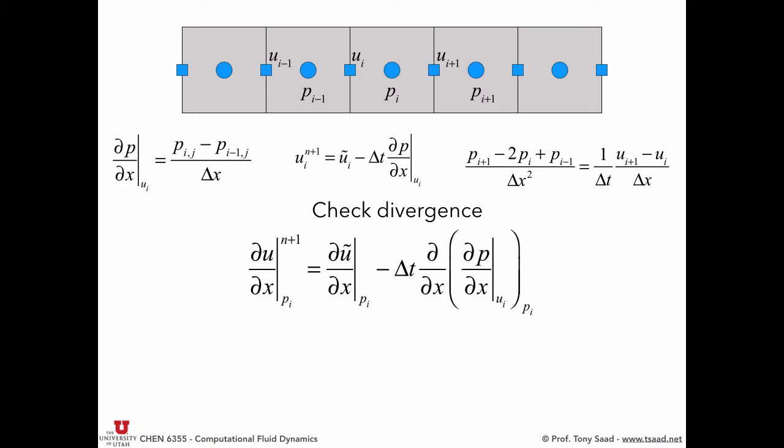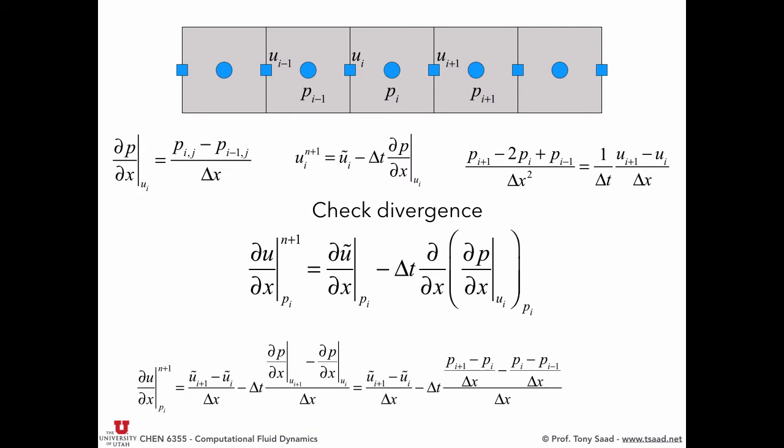So we have a pressure gradient here and a pressure gradient there. And then we're going to take its divergence to put it here. Makes sense? The one on the inside is going to move p's and put them here to create a pressure gradient. And then the outer derivative, which is the divergence, is going to take those gradients and put them back in here. So you go ahead and do the math.